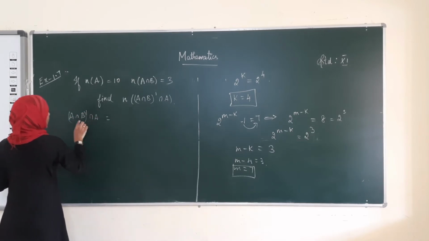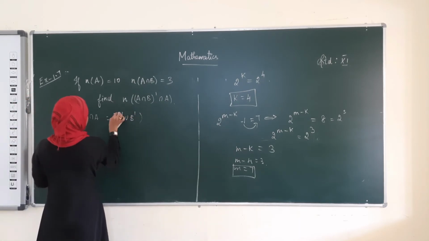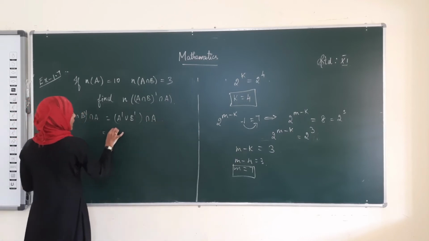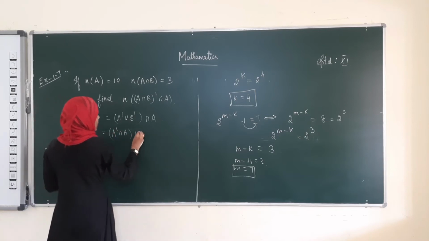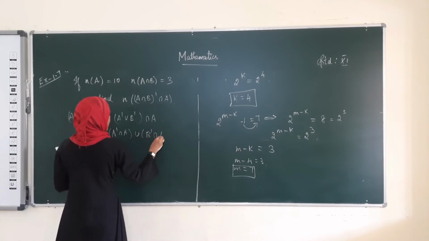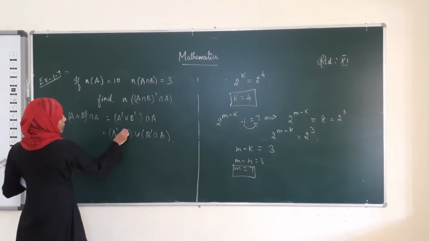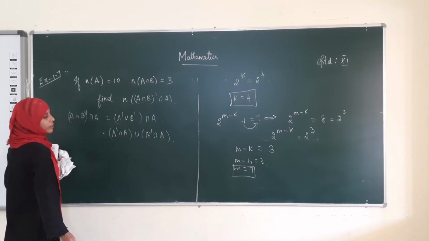This can be written as A' union B' intersection A. Then using the distributive law, A' intersection A union B' intersection A. We saw the properties of sets in the previous classes.